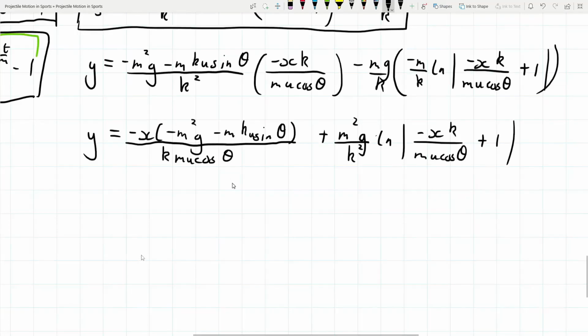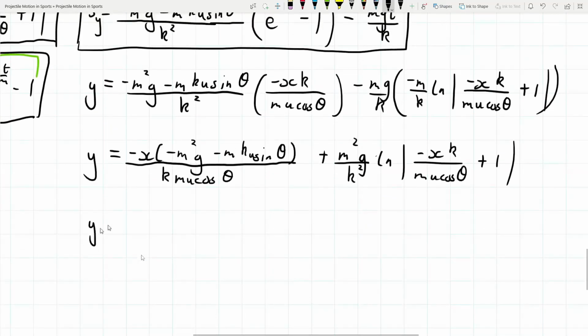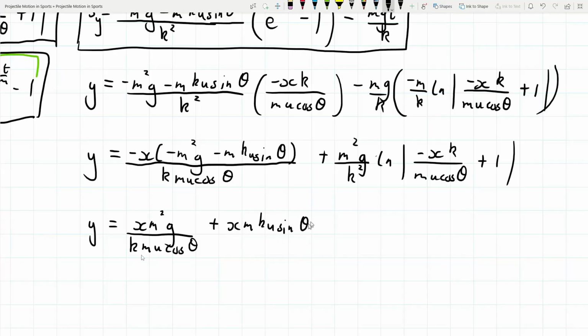Okay, we can do some final simplifications here. So we get y equals, we can distribute the x, because you'll see why I did that in a second, and we get minus and a minus makes a plus, x m squared g over k mu cos theta, minus, and then minus x times minus is actually going to be a plus, and we get x mku sine theta over k mu cos theta, plus, and then this is just going to be the same, so I'm going to copy it down.